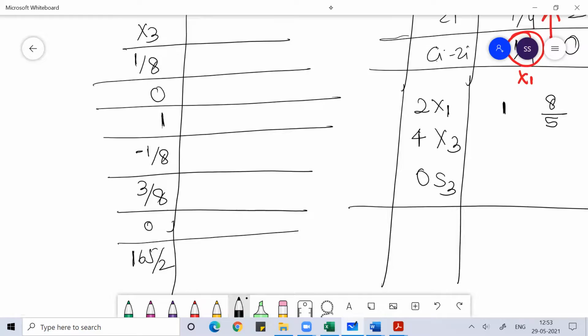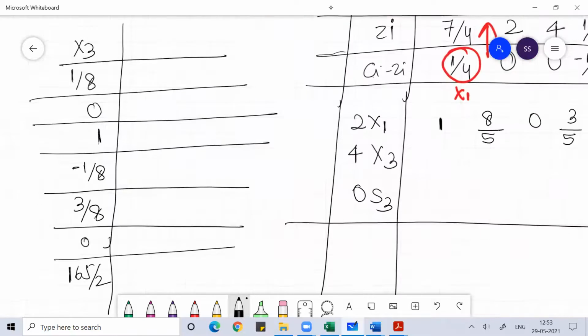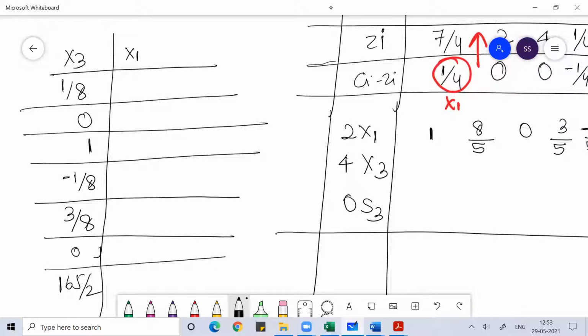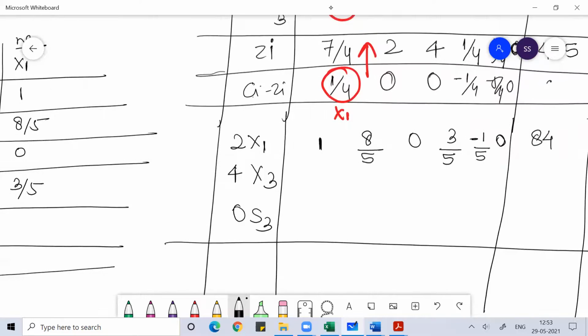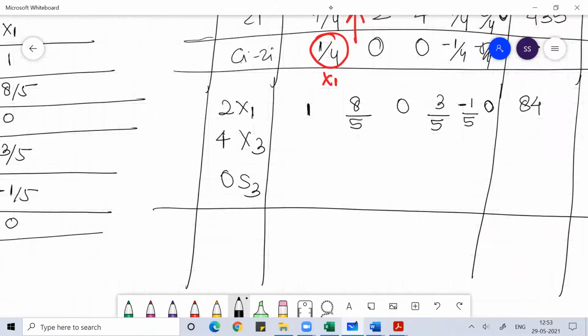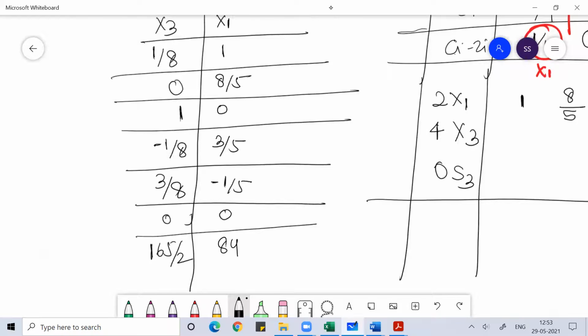And what is the new element? The new element here is 1, 8 by 5, 0, 3 by 5, minus 1 by 5, 0, 84.